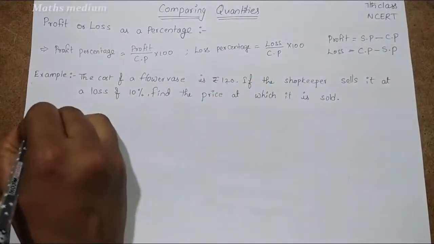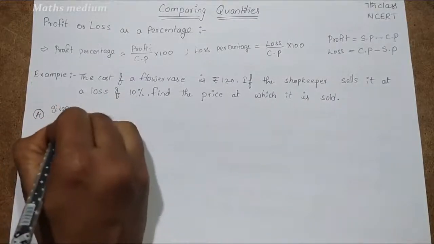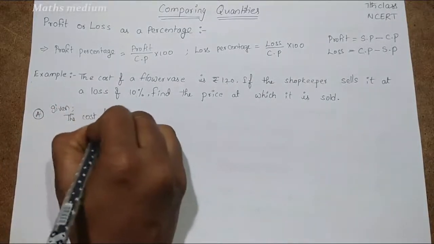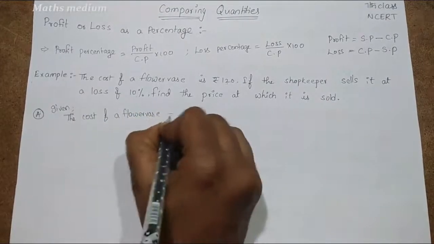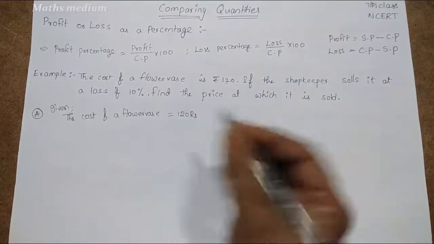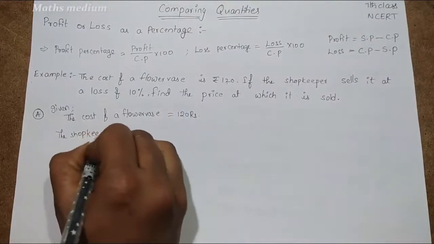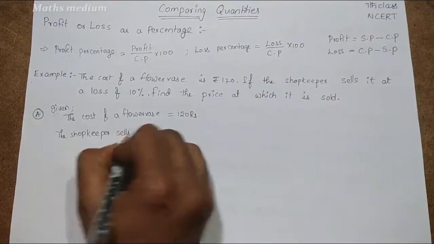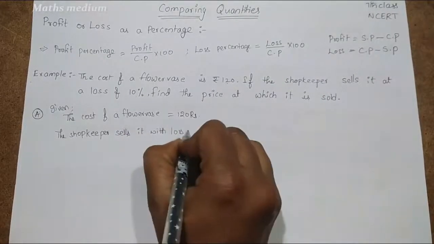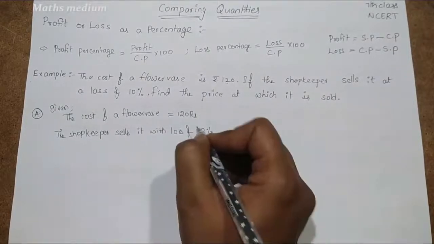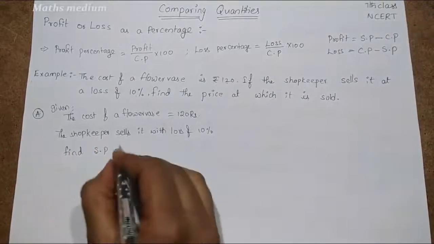So let's start with the answer here. Given the cost of the flower vase is equal to 120 rupees. The shopkeeper sells at a loss of 10%. Now find the selling price, SP.